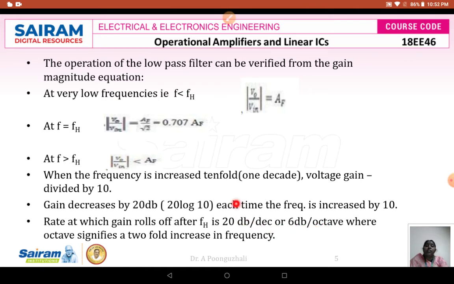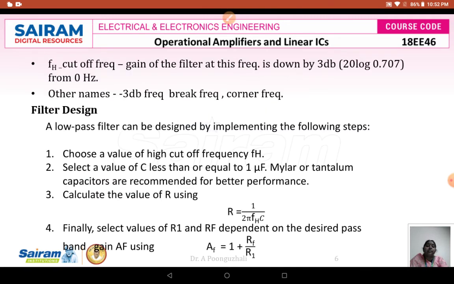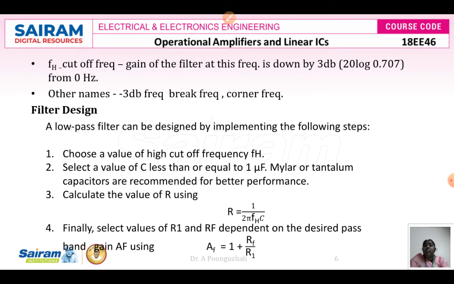Okay, so for a low pass filter the gain is going to be minus 20 dB per decade. Next, fH is the cutoff frequency of the filter. So at this cutoff frequency the gain of the filter is going to be down by 3 decibels. How it is 3 decibels is by 0.707 of your AF. So that is 20 log of 0.707, which is nothing but 3 dB.